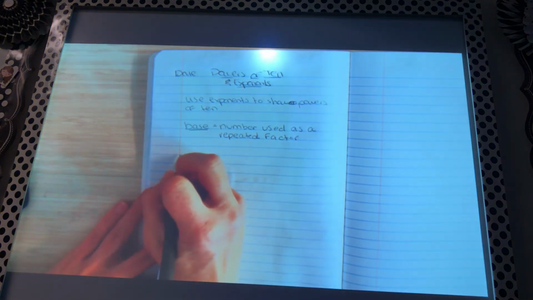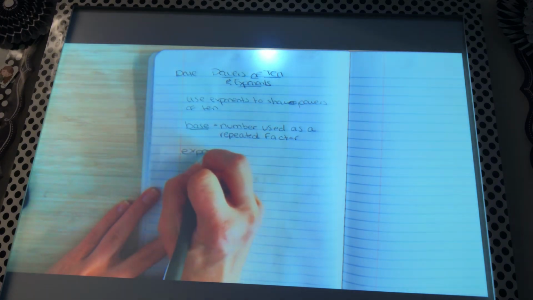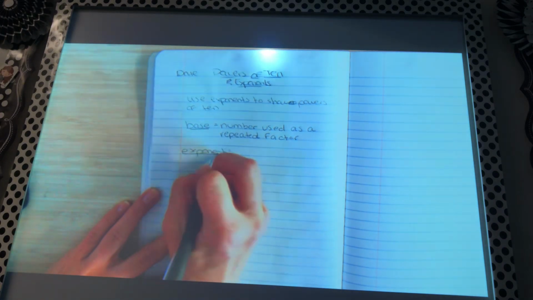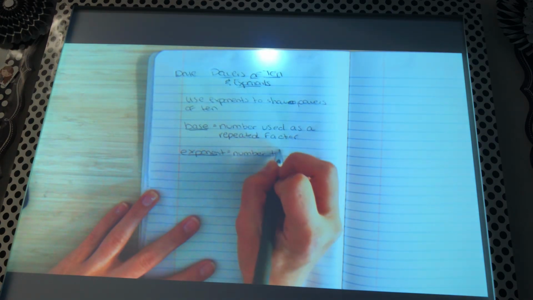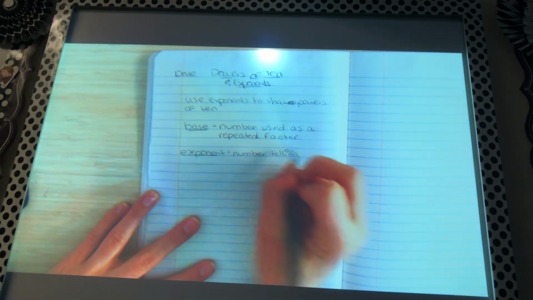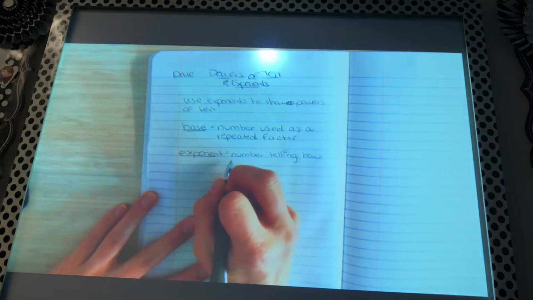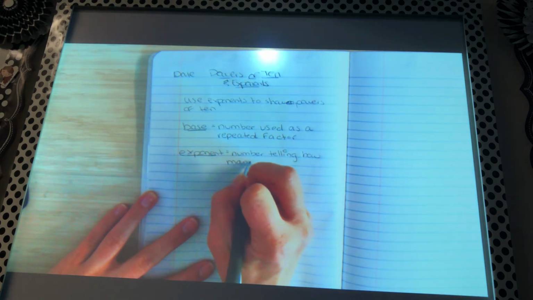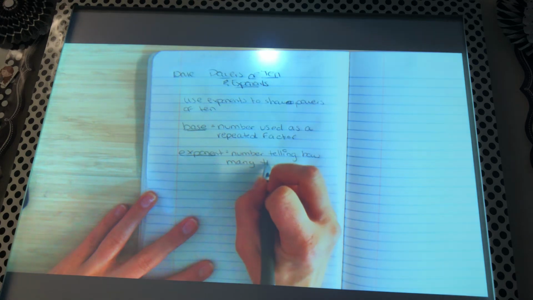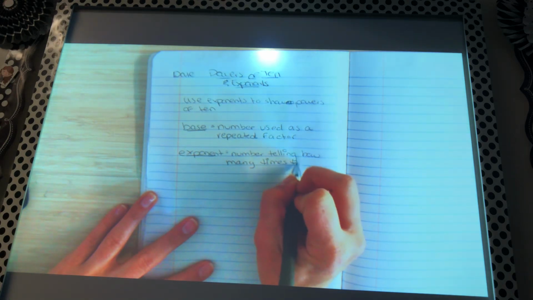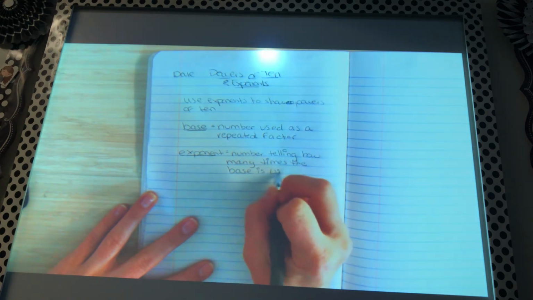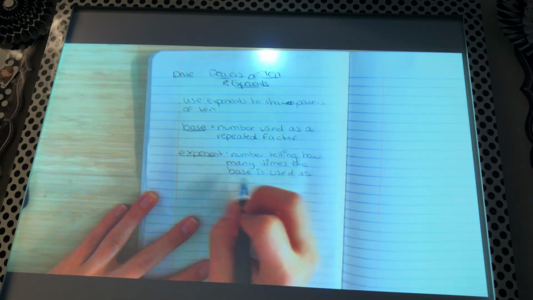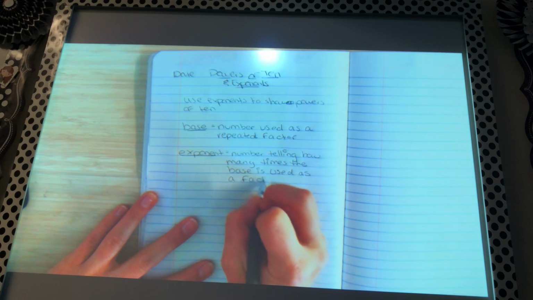But then we also have the vocabulary word exponent. And exponent is the number telling how many times the base is used as a factor.